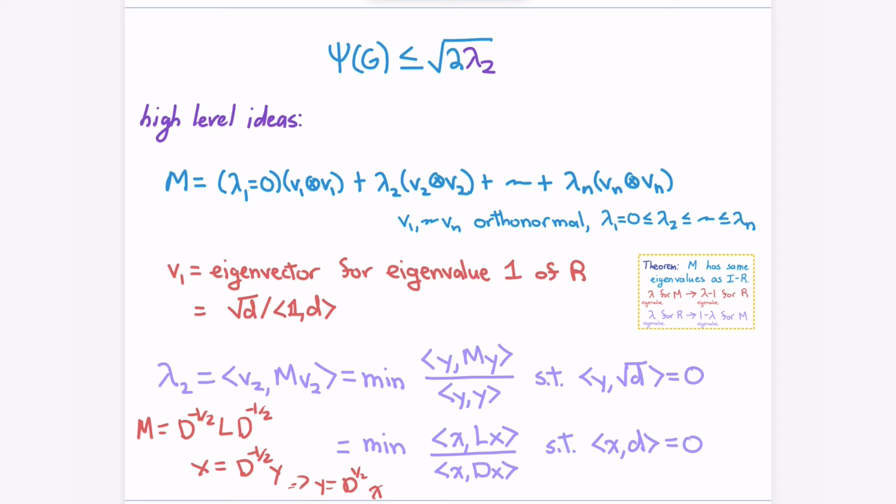So for a single edge, e equal to uv, L_e was the outer product of the indicator vector of u minus the indicator vector of v with itself. So x L_e x, for any x, is going to be taking the dot product with each of these terms, x_u minus x_v, squared.